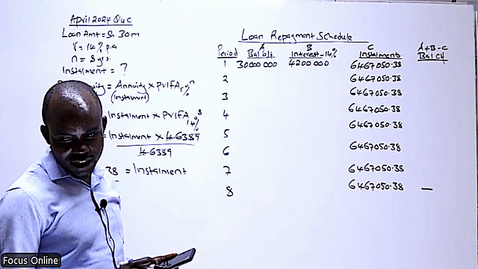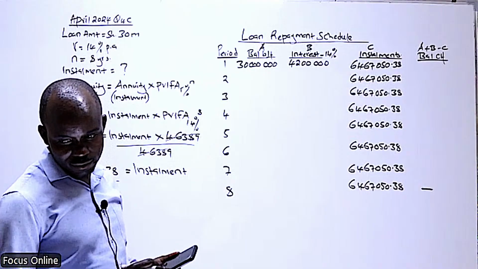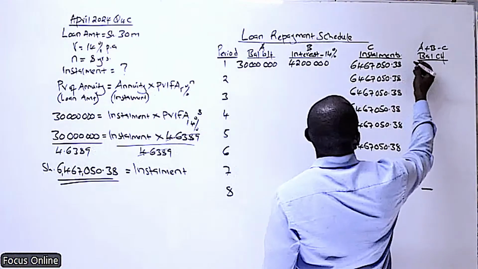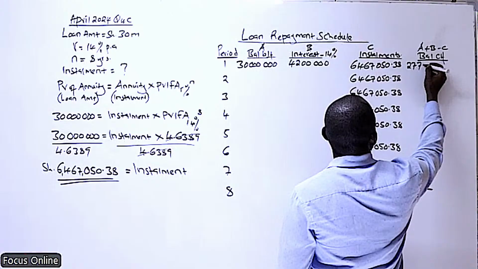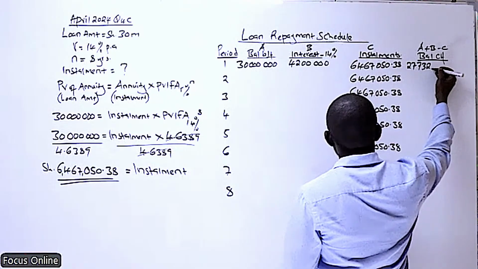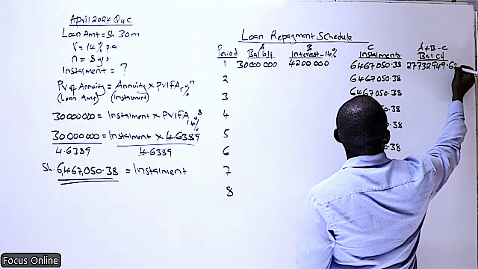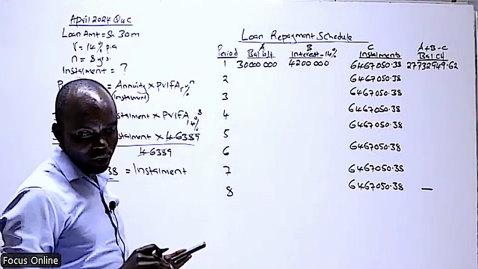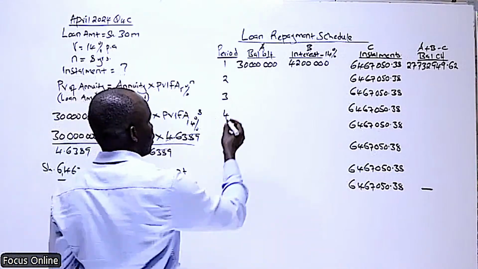I'm getting 27,732,949.62. The balance carried forward at the end of period 1 becomes the balance brought forward in period 2.